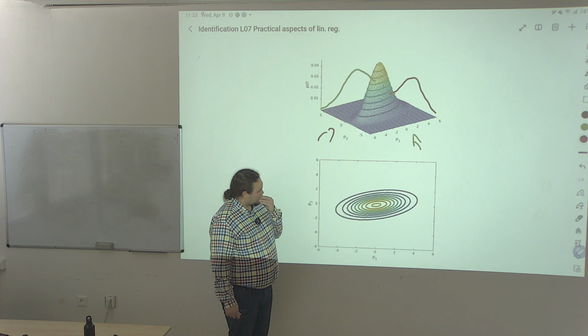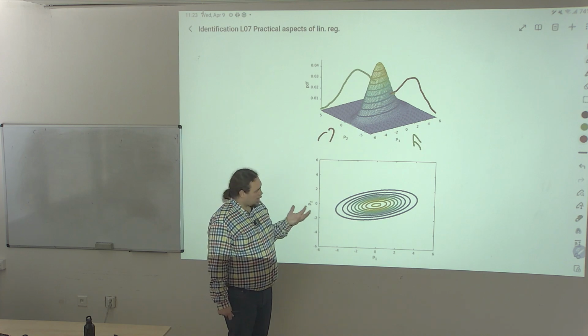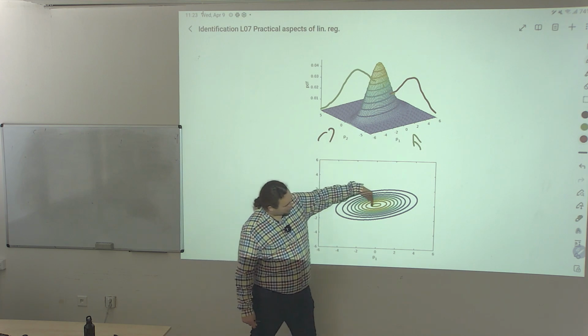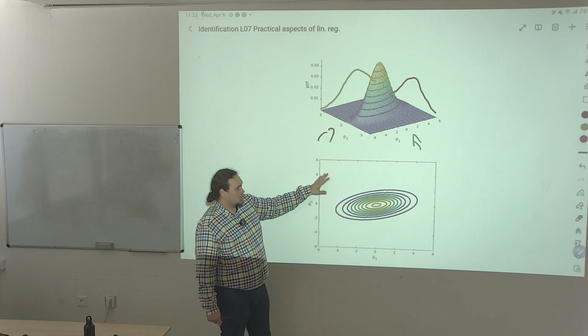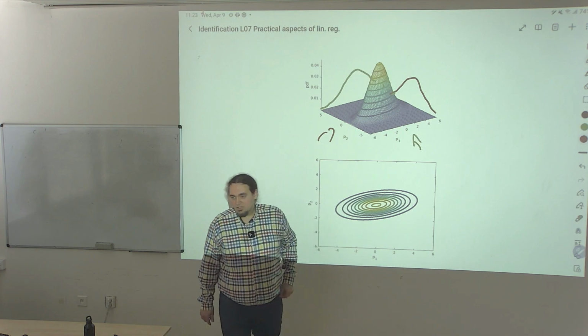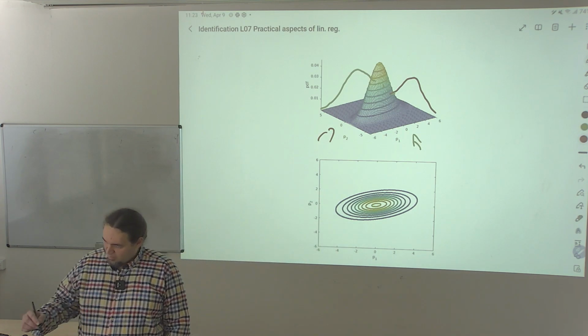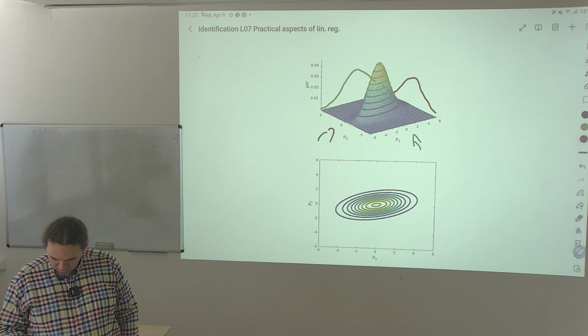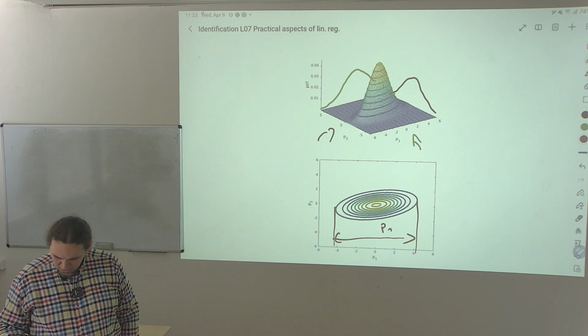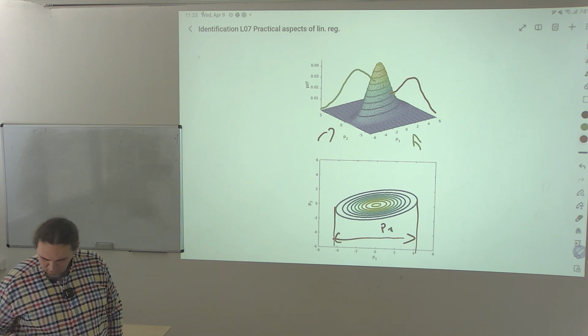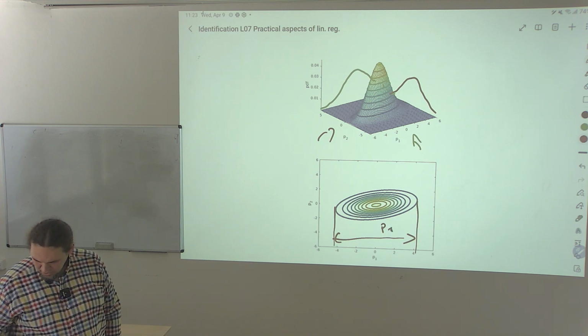Then this indicates how much uncertainty we have in which parameter, and it's clear that the uncertainty in parameter P1 is much larger. Basically, this thing we have here. Now I switch the colors. That wasn't good.